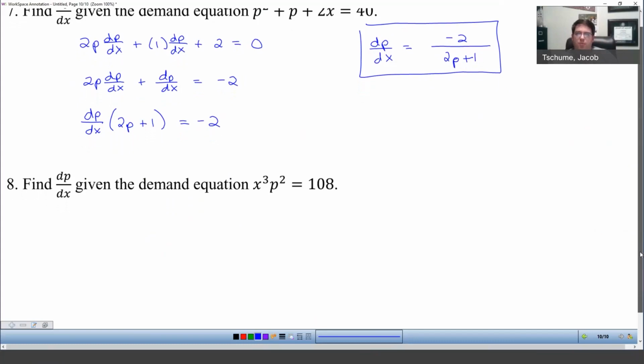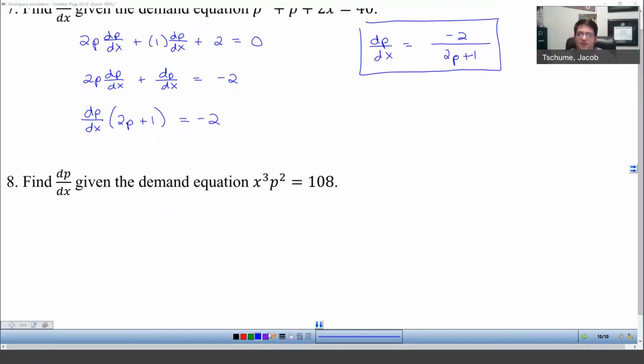All right, and then one more problem for this video, number 8. Find dp/dx for the equation x cubed times p squared equals 108. Well, for I think the 4th or 5th time today, you're starting to notice a trend with these implicit derivatives. These are two terms being multiplied together, so you're going to have to once again do the product rule.